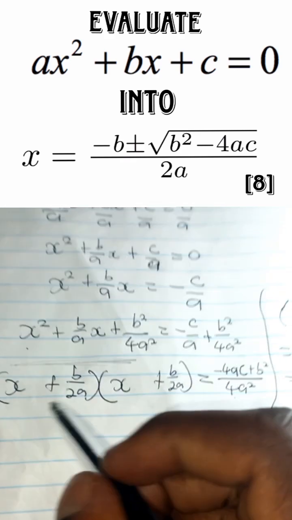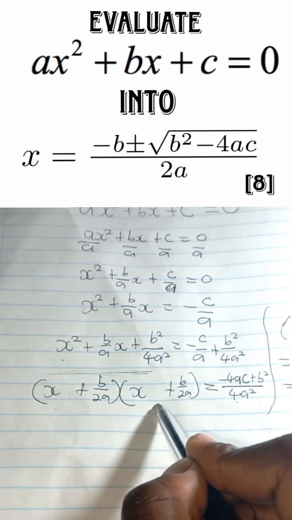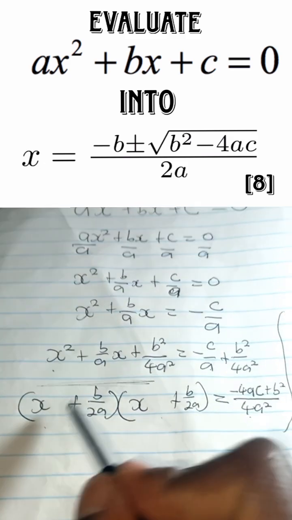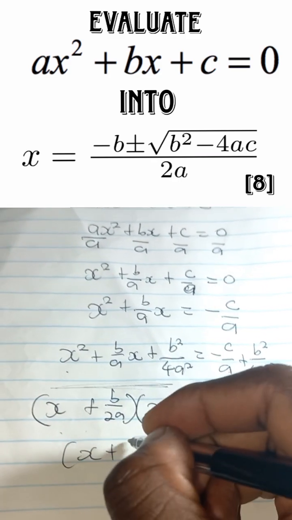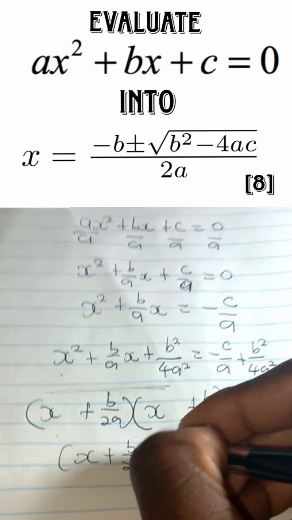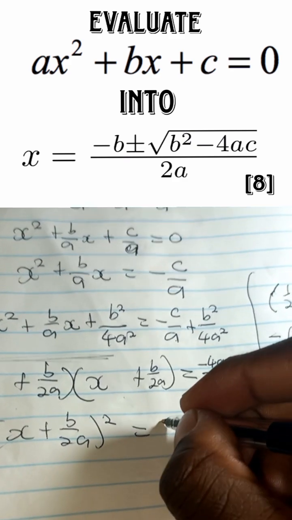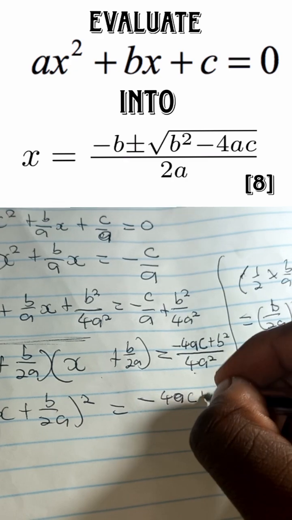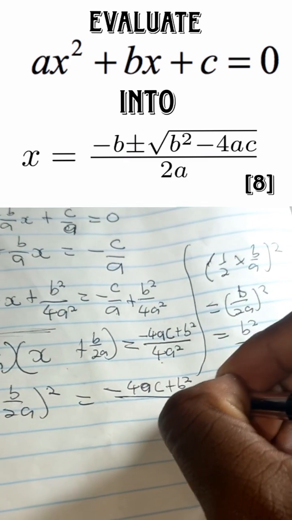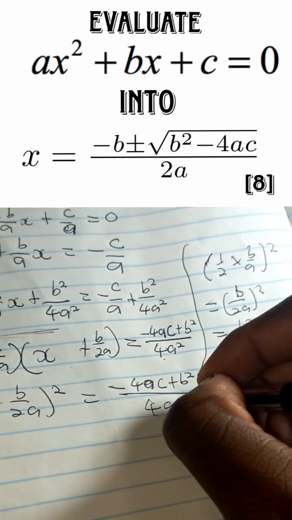On the left side, x times x is x squared, so we have x plus b over 2a squared equals minus 4ac plus b squared, divided by 4a squared.